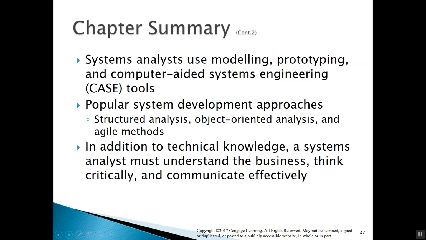We've got system analysis that uses modeling, prototyping, and computer-aided systems engineering, or CASE, tools. We've got the different approaches that include structured, object-oriented, agile, JAD, RAD, and from that, we get an initial idea of what system analysis and design is.